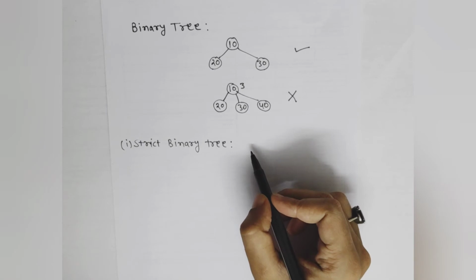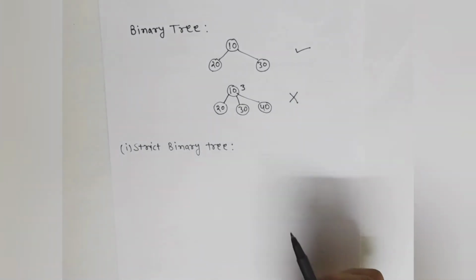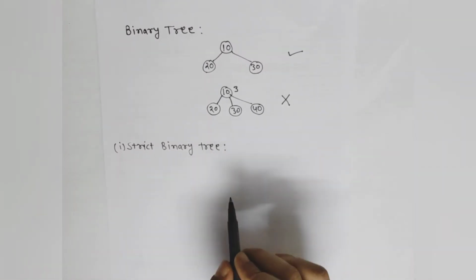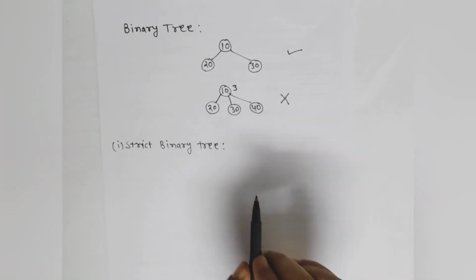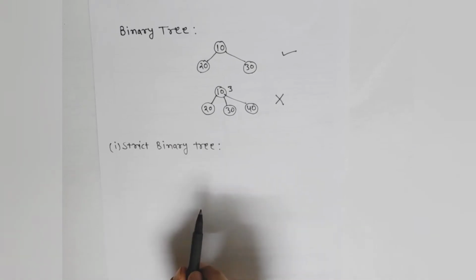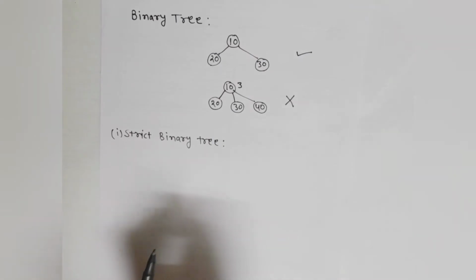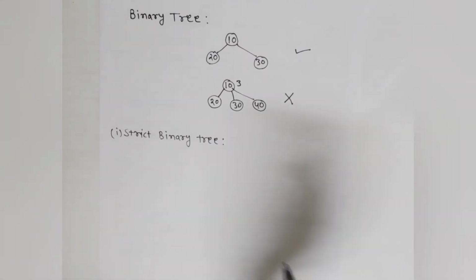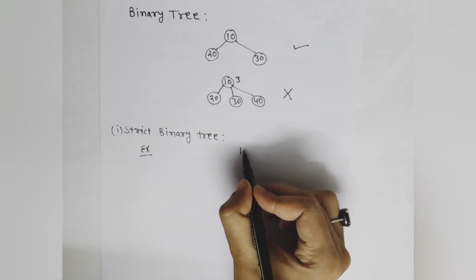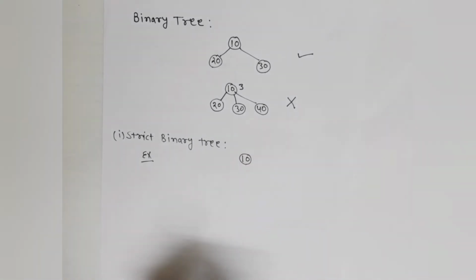First it should be a binary tree. On a binary tree, if we apply some more conditions, then it is a strict binary tree.